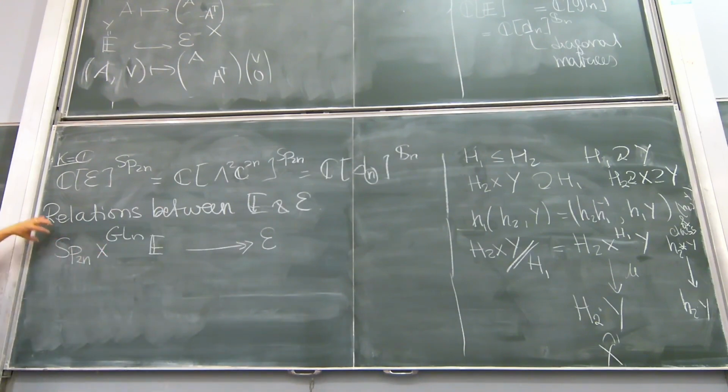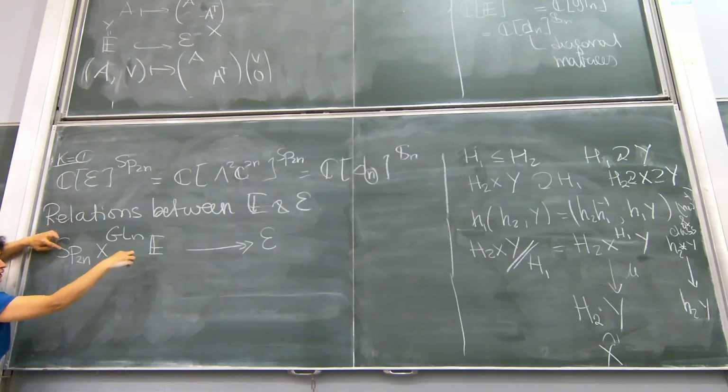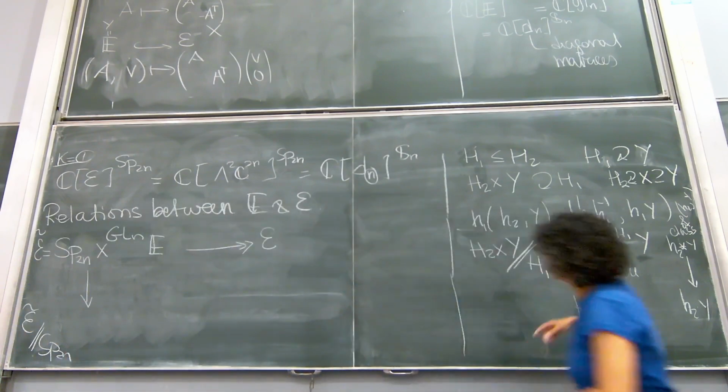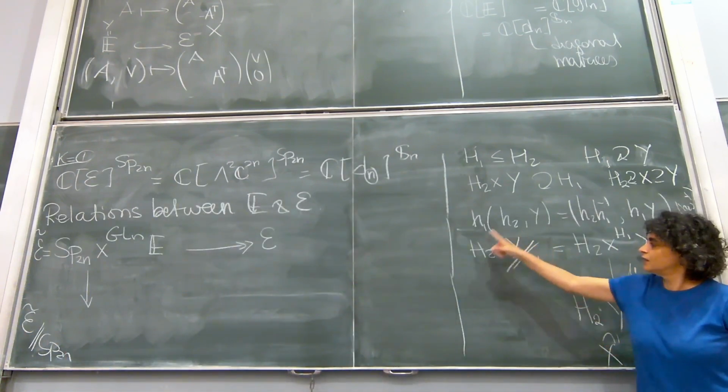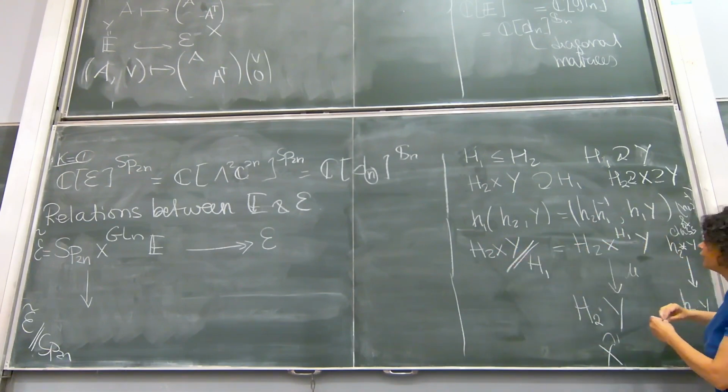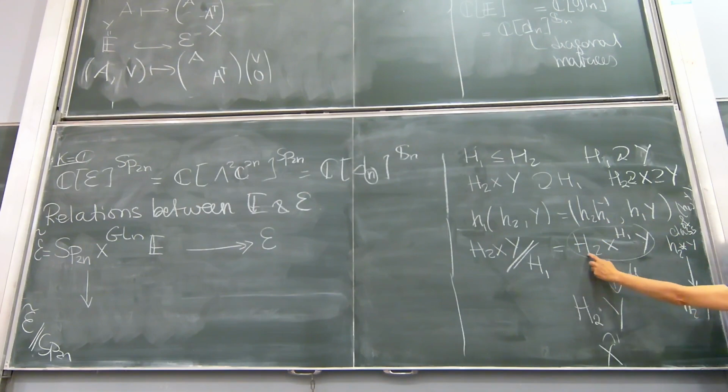And if you go to the quotient, as we observed, if I call this E twiddle, then E twiddle over Sp2N, as a matter of fact, whenever you have this bundle here, you have an action of the bigger group from the left, which is free. So you can take again the quotient here.